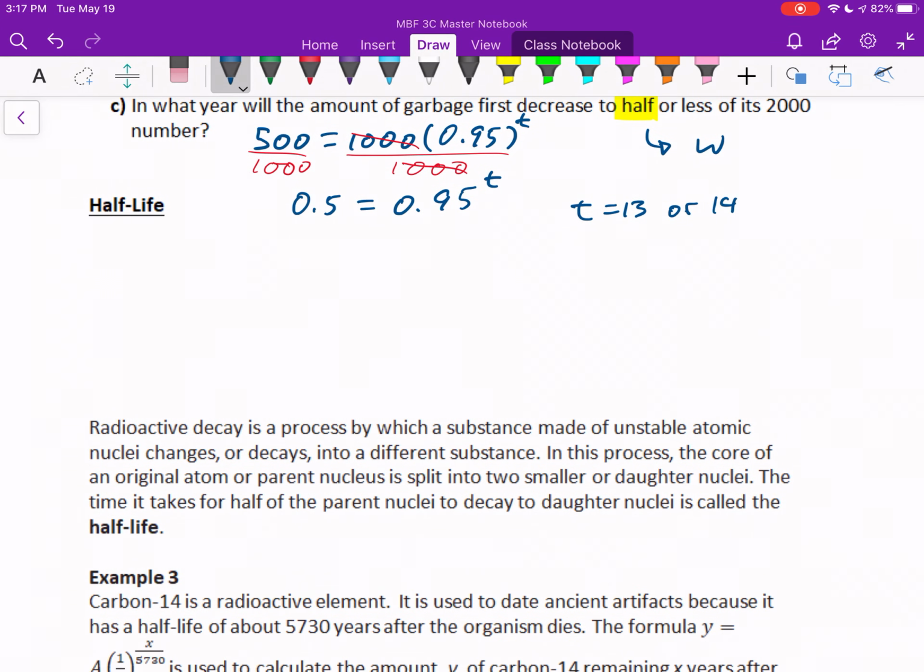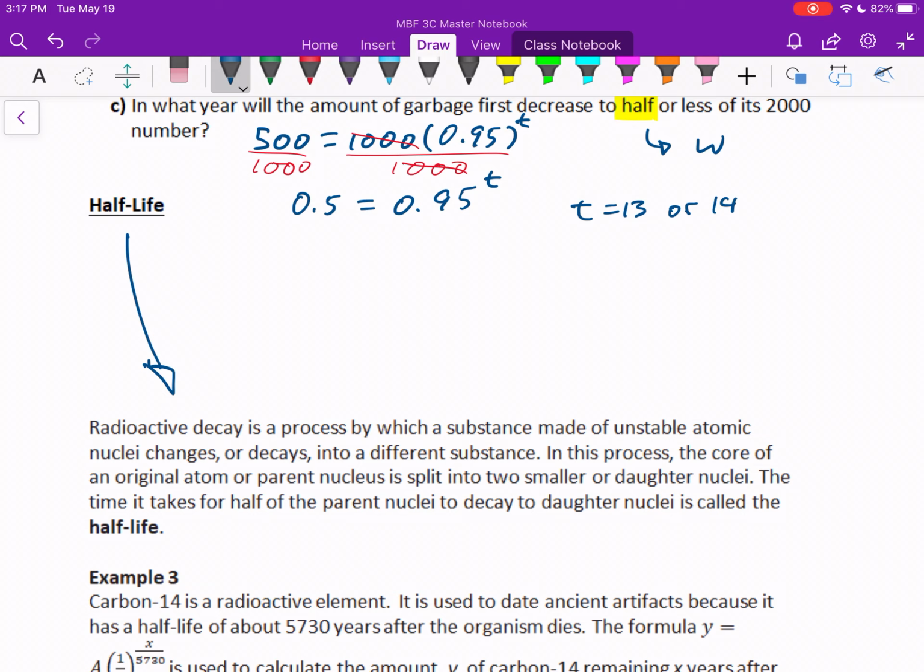Half-life is another type of problem we can look at. Radioactive decay is a process by which a substance made of unstable atomic nuclei changes or decays into a different substance. In this process, the core of an original atom or parent nucleus is split into two smaller or daughter nuclei.